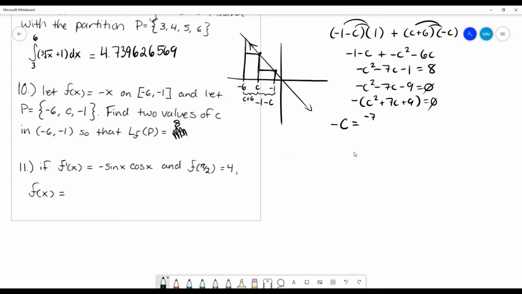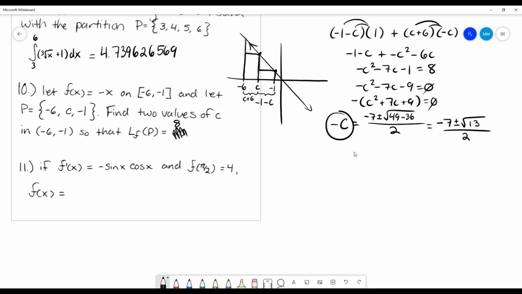We've got that 49 minus 36, all divided by 2. So that gets to be negative 7 plus or minus, well, 49 minus 36 is 13, over 2.